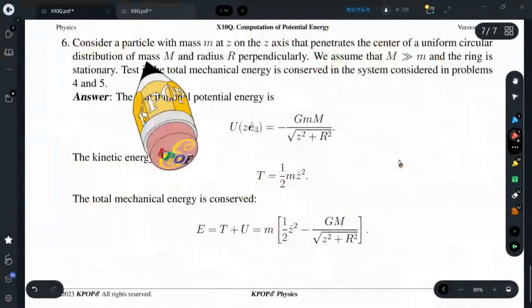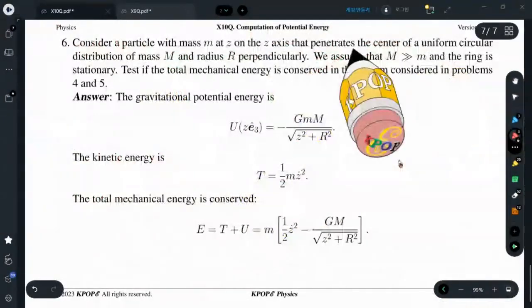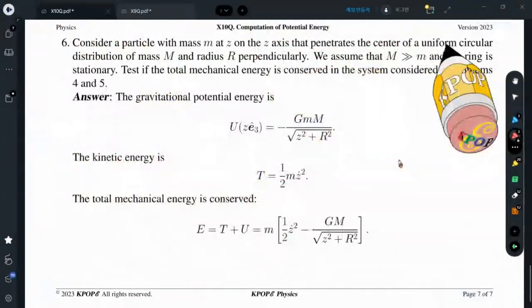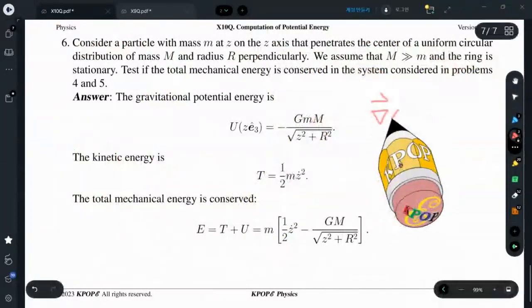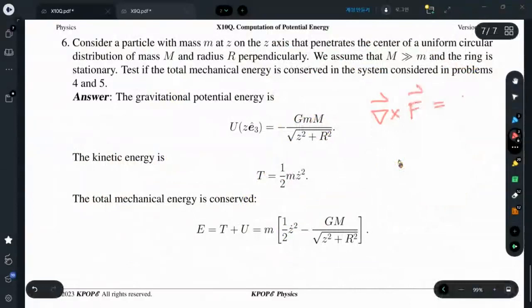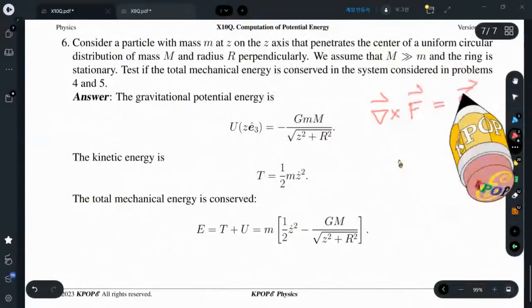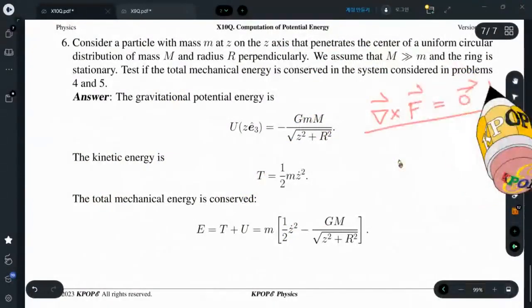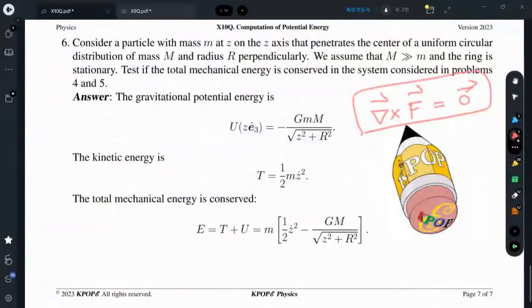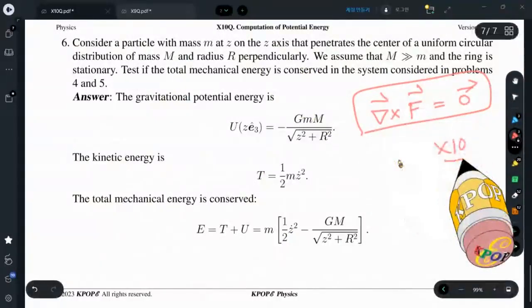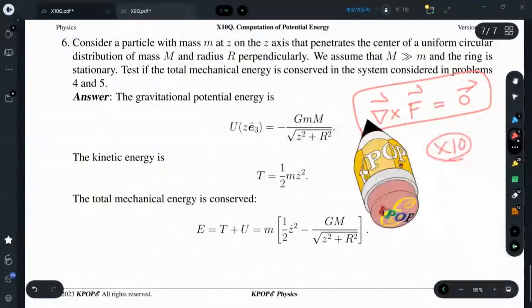Consider a particle with mass m. We know the curl of the force is 0 for the gravitational force. That is proved in the exercise; I extend it, so you don't have to worry about it.